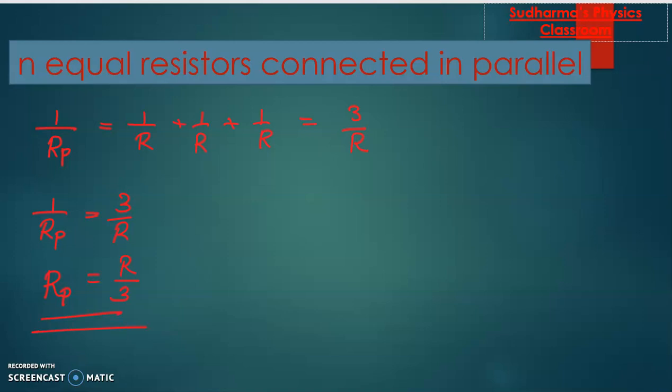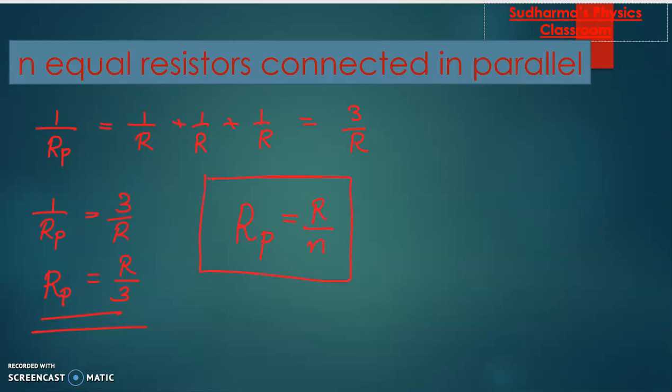When we generalize this formula to n resistors, n means however many resistors are given in that question, then we can use that formula. So instead of 3, we can put n in the general formula. Remember, this equation we cannot use everywhere. This is applicable only if the resistors are of equal values. So Rp equals R divided by n.